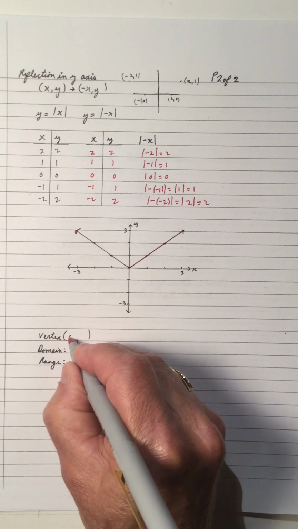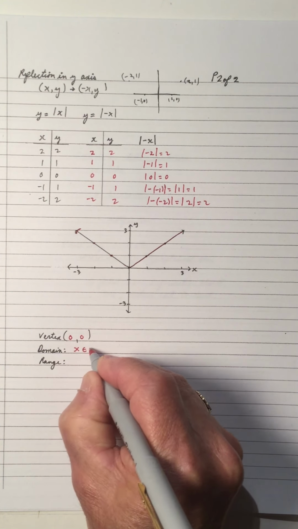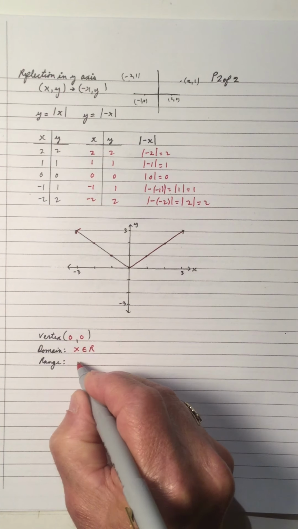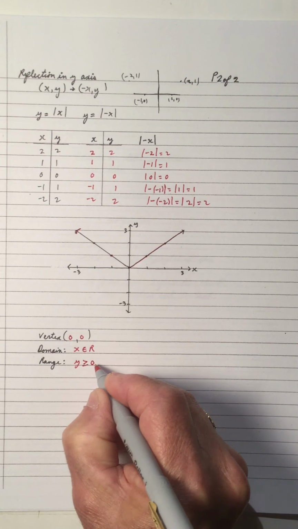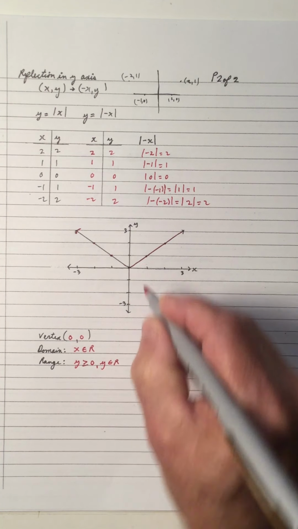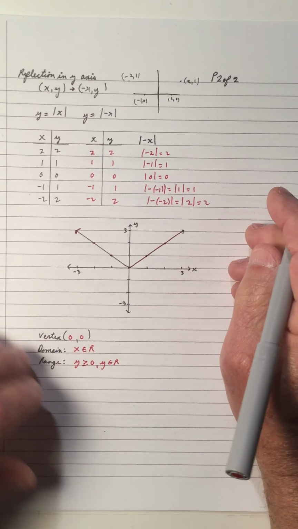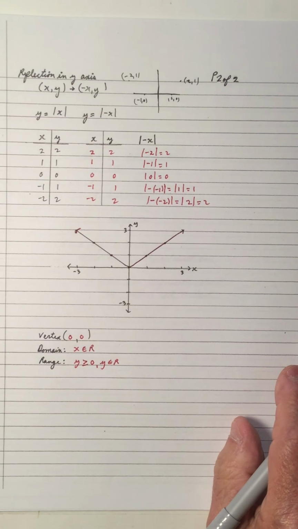The vertex of both of these is (0, 0). The domain is x belongs to the real numbers, and the range is y is greater than or equal to 0. And that's reflecting in the y-axis. There's no change to the equation.